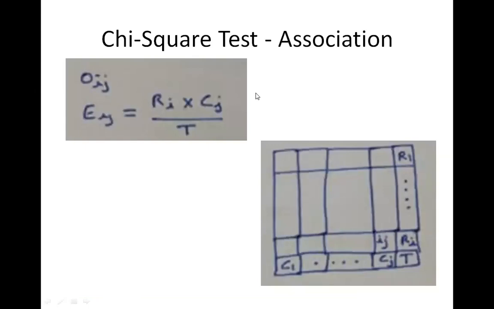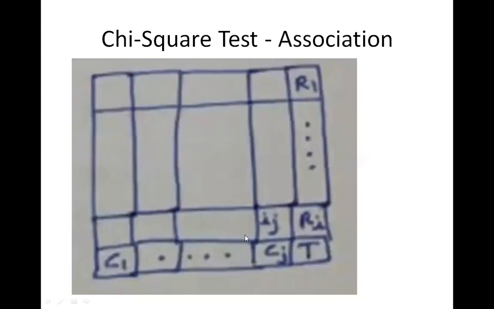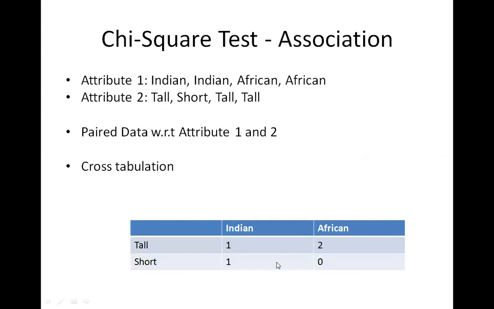So the cross table will have the observed frequencies in each cell. The address of this cell is 1, 1. So this is the observed frequency of cell 1, 1, and cell 1, 1 has the value of 1. This cell is cell 1, 2, because this is first row and second column.